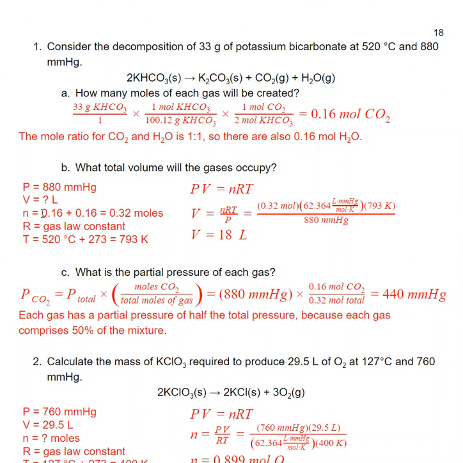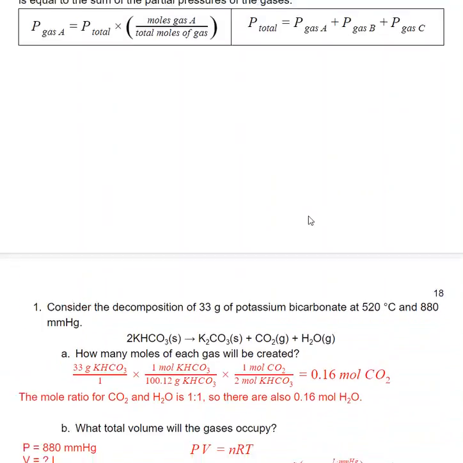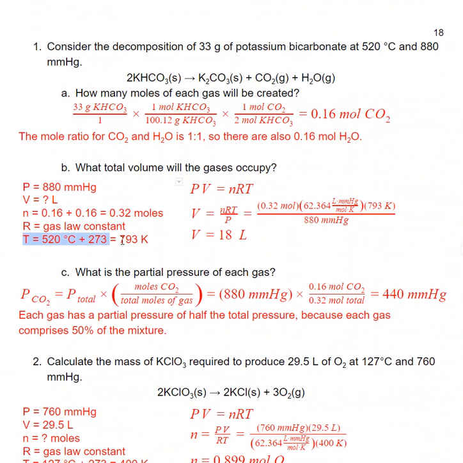I know the total number of moles from adding together my moles of each gas. And don't forget, in the R constant, you're given Kelvin as your unit of temperature, so we need to make sure that we convert our temperature into Kelvin. So I just rearranged by dividing by P, plugged everybody in, and then my answer is 18 liters.